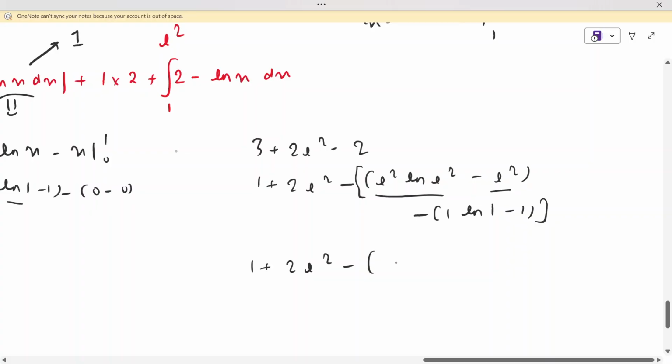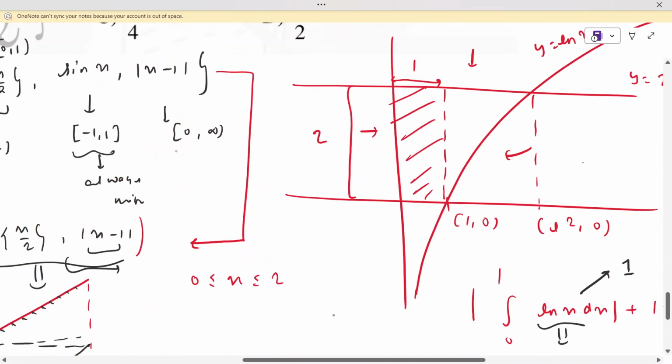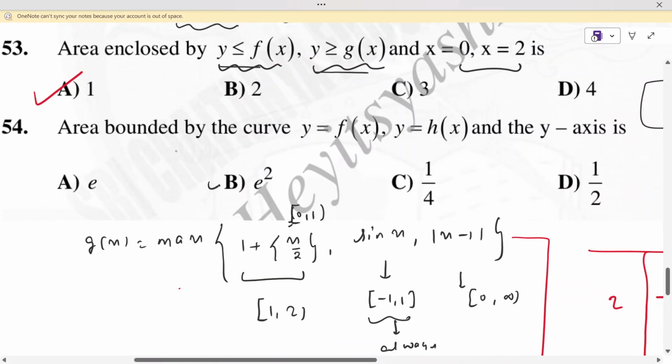E square minus e square minus 4. Right, fine. So the answer of this part is e square.